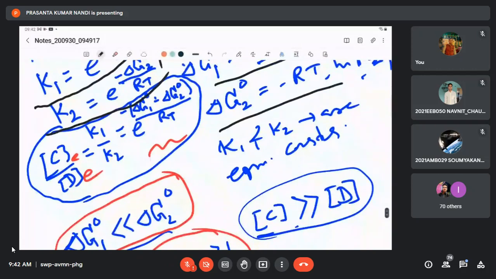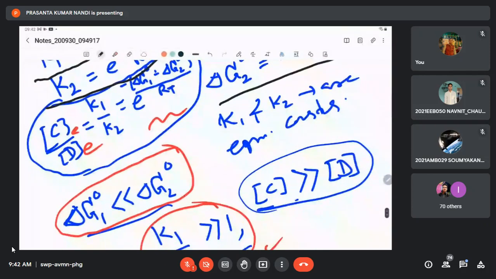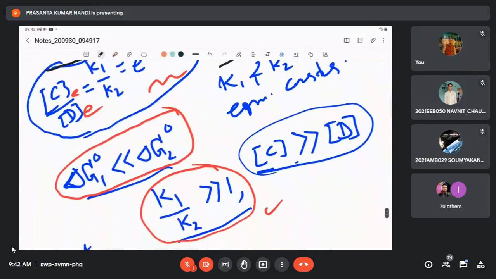Now, suppose if delta G10 is much, much less than delta G20, then this ratio implies what?